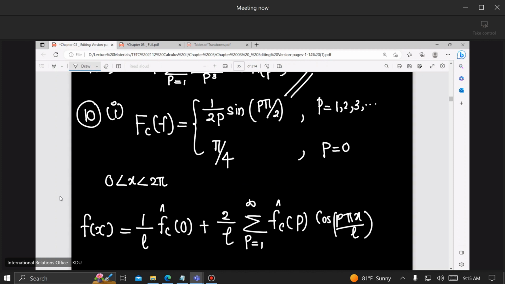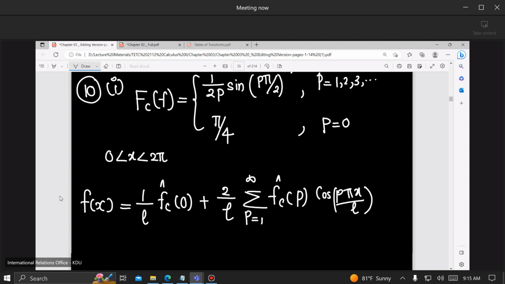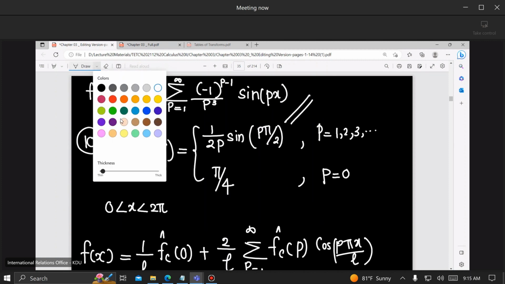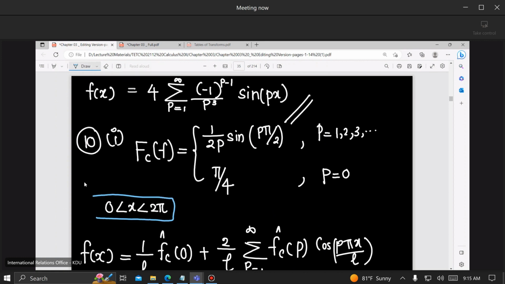Now, in this problem, the first thing we need to do is identify the value of L. Here x varies from 0 to 2 5, so L is equal to 2 5.